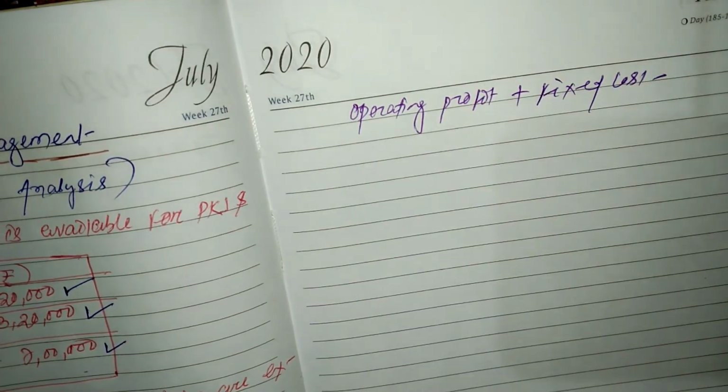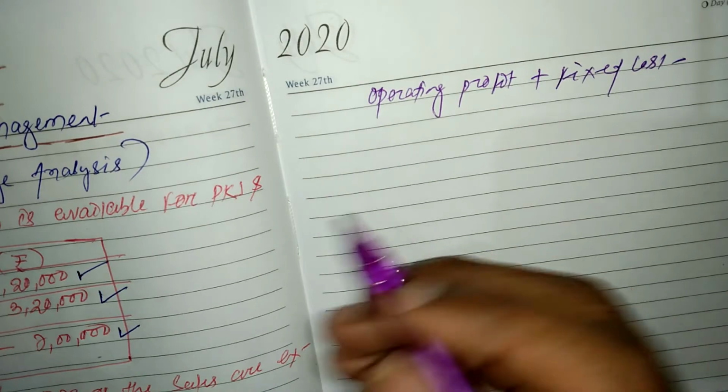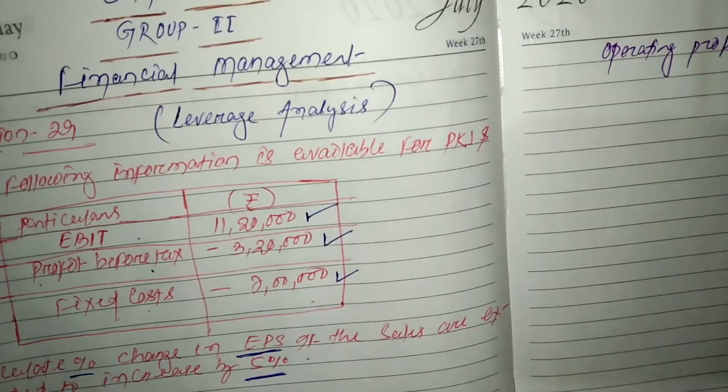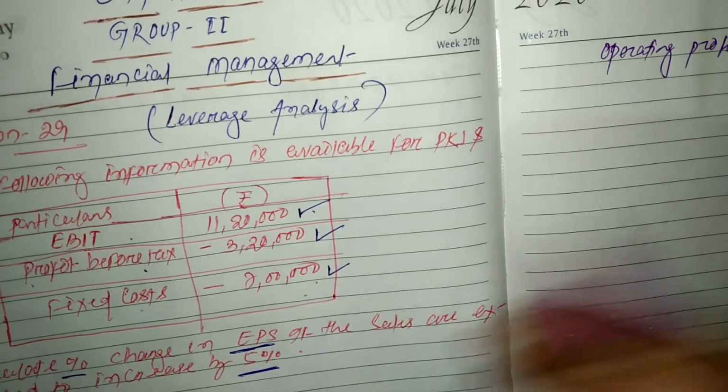Here operating profit means EBIT, given as 11 lakh 20,000, and fixed cost is given as 7 lakh.